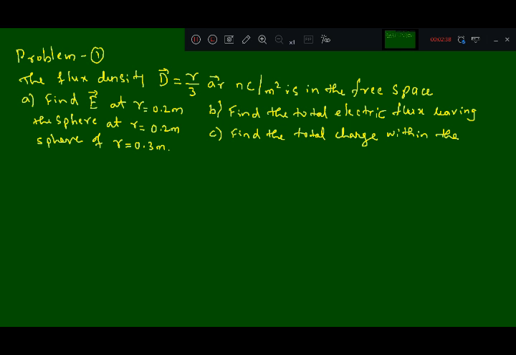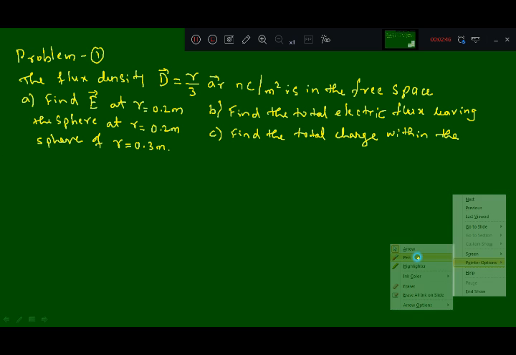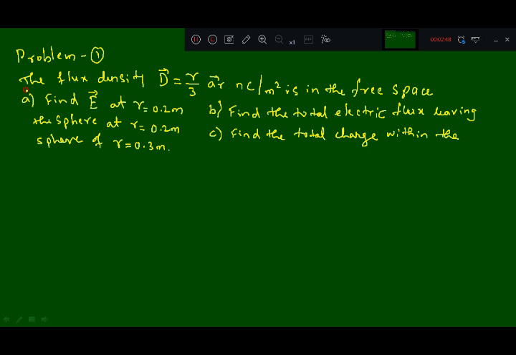So to begin, we will solve the first one, E. To find E, we know the formula E is nothing but D divided by epsilon naught.